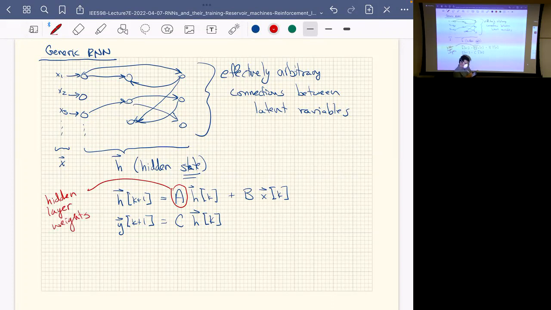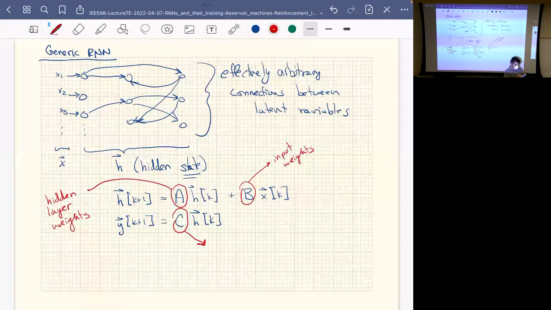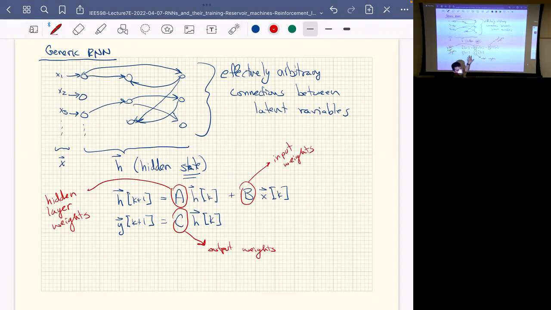And you can think of these as, I don't want to call it the input layer because they could go deep into there, so I'll just say input weights. And again, I don't want to call this an output layer because things don't fit into these nice slices anymore, but I'll call these output weights. And so training your recurrent neural network, and we'll talk about how to do that, is just training the weights in these matrices.